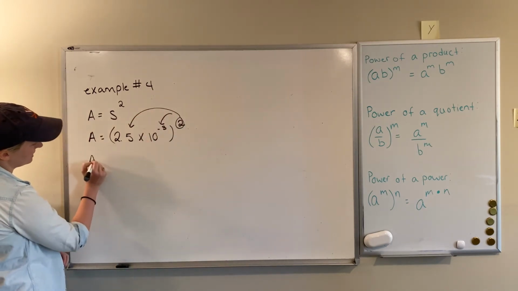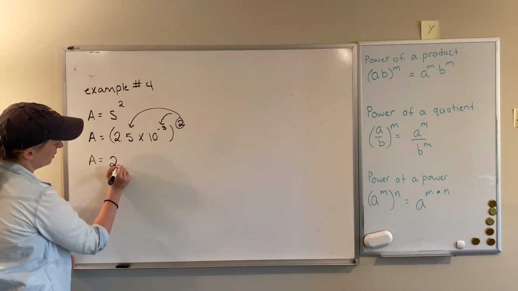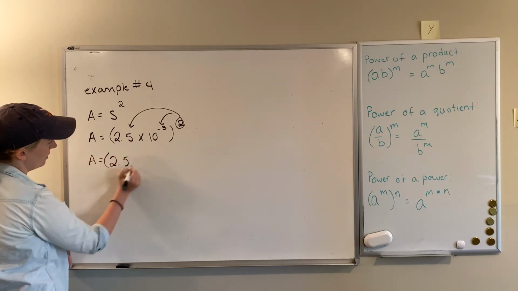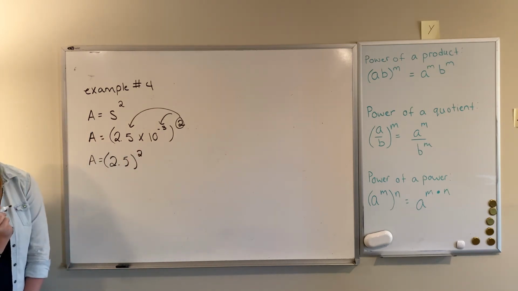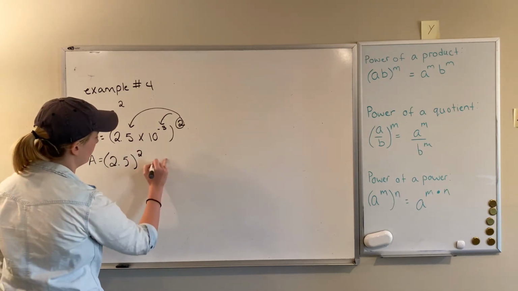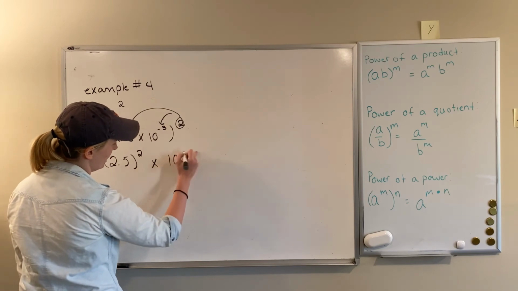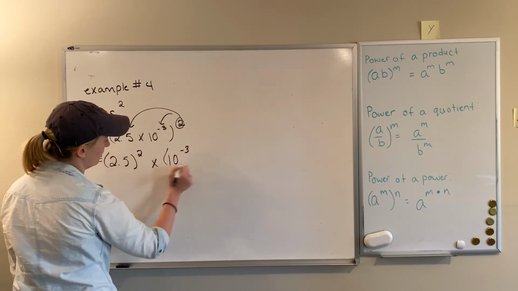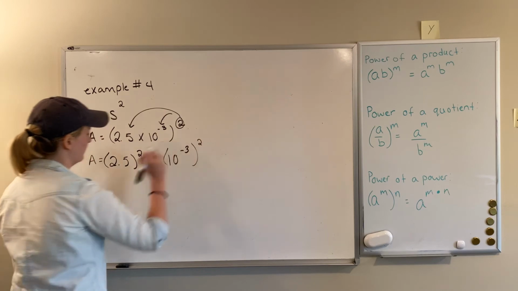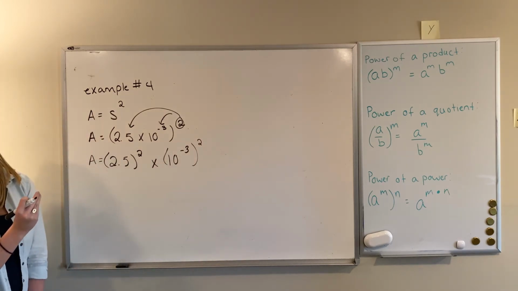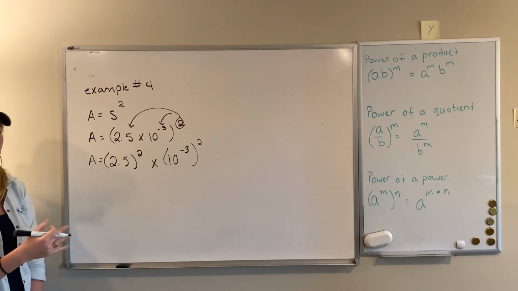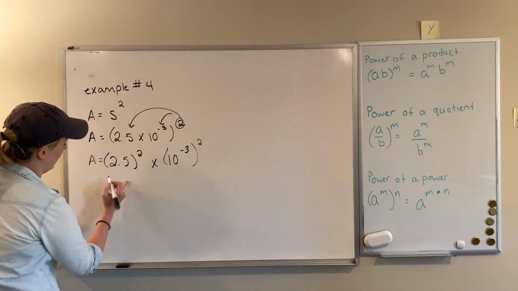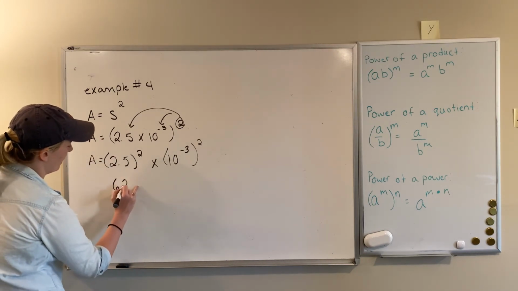So area is now going to be 2.5 squared times 10 to the negative 3rd squared. 2.5 squared is basically the same thing as 25 squared. 25 squared is 625.